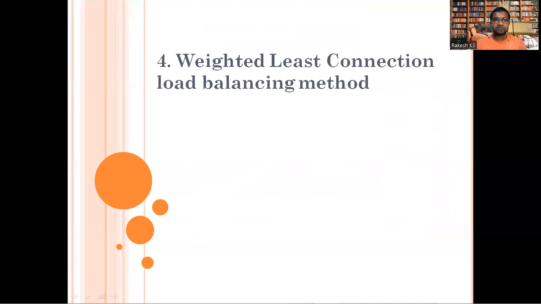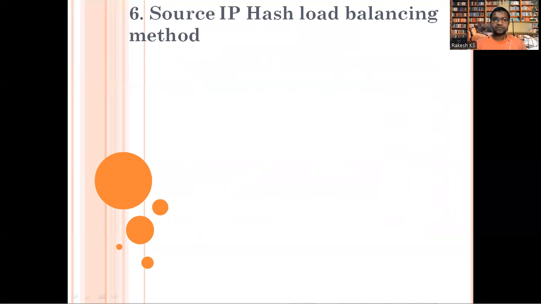Next we shall see the resource-based load balancing method. Here the decisions are based on the source IP hash load balancing algorithm. A unique hash key is generated for the particular client and user. So if the connection is lost, the connection is redirected again with the same key.